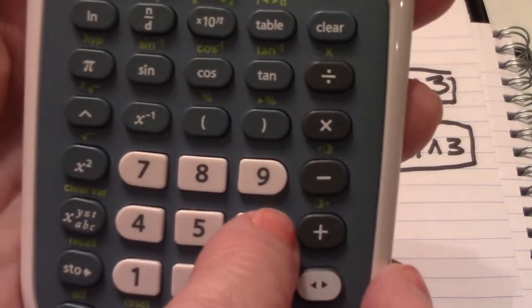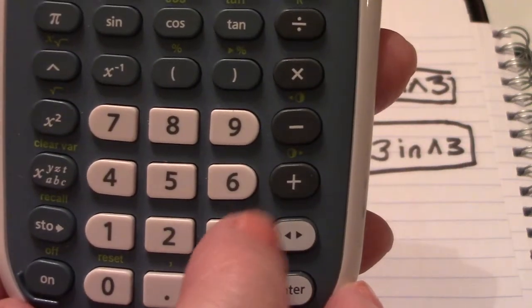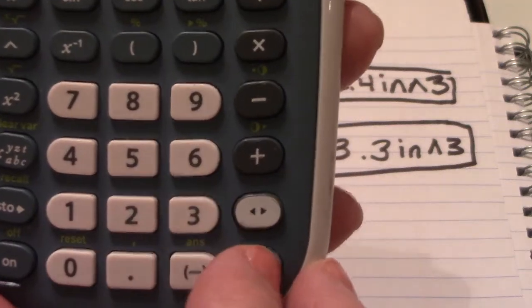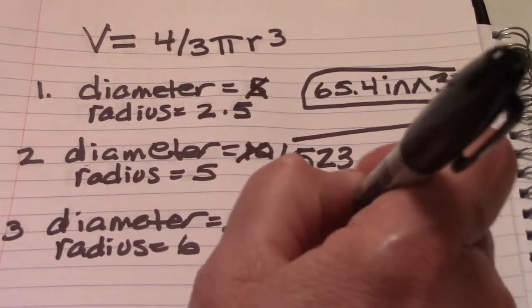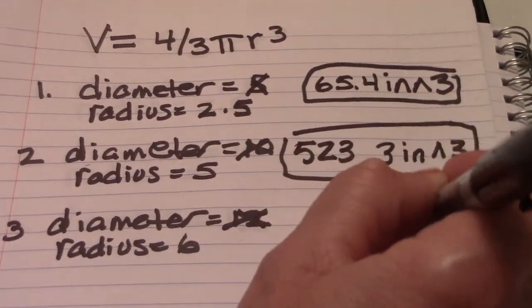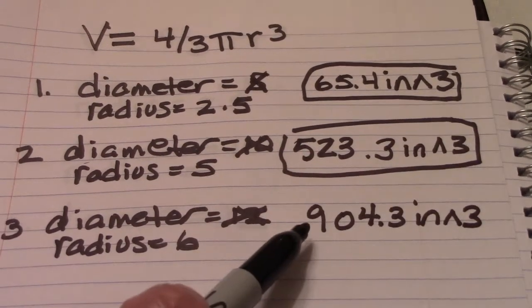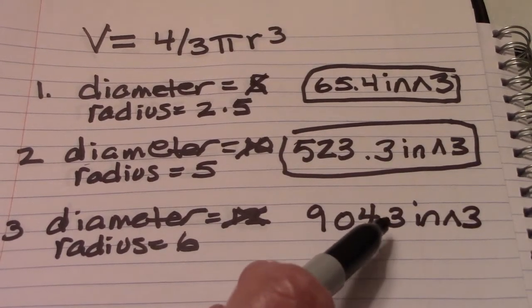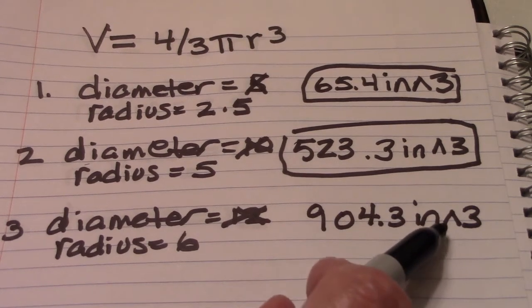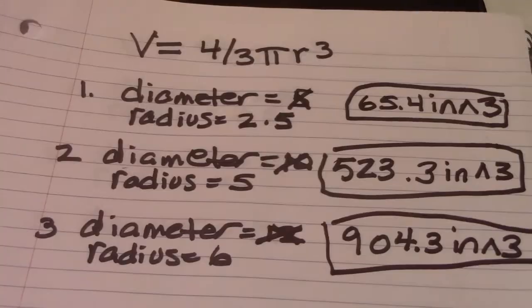So I say 6 up caret, so I can put in my exponent, and it's cubed, so it's 3, and enter, and I get 904.3 inches cubed, which is typed 904.3 IN up caret 3, no capitals, no spaces.